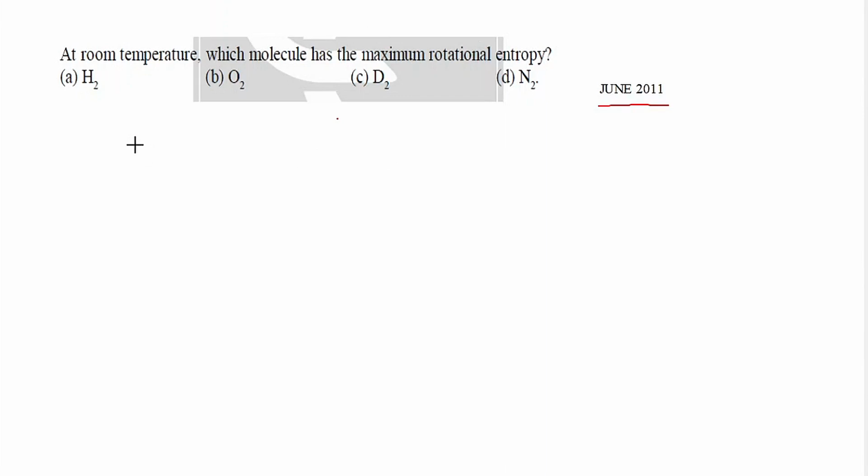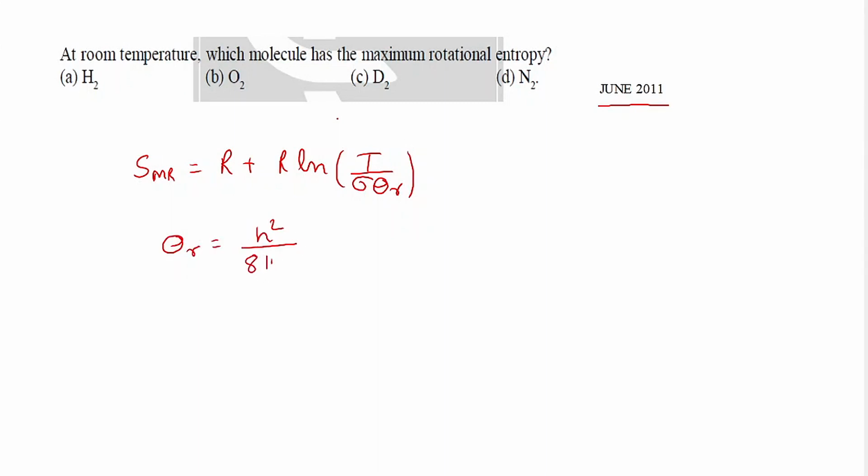We note that the molar rotational entropy S_m,R is R plus R ln(T upon sigma theta_r), where theta_r is the characteristic rotational temperature, h square upon 8 pi square I k.